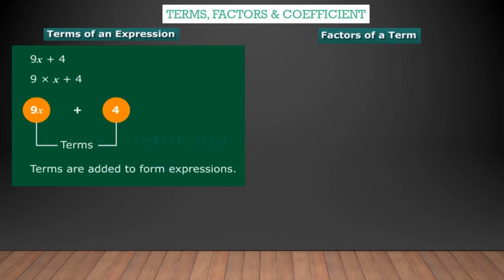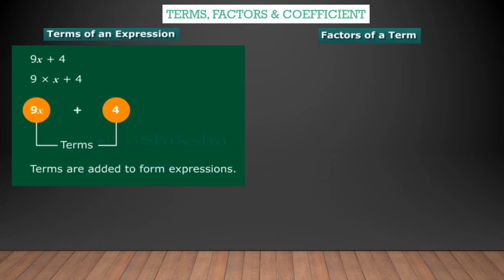There are two terms in the expression, 9x and 4. Terms are added to form expressions. That is, 9x is added with the term 4, and you will obtain the expression 9x plus 4. The terms are 9x and 4.